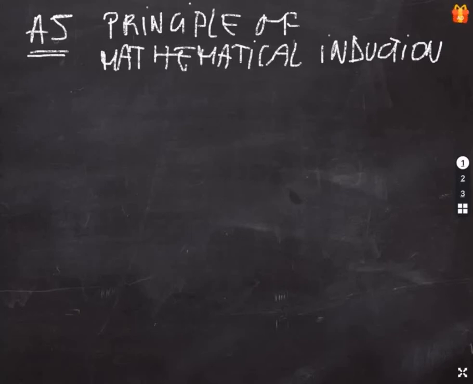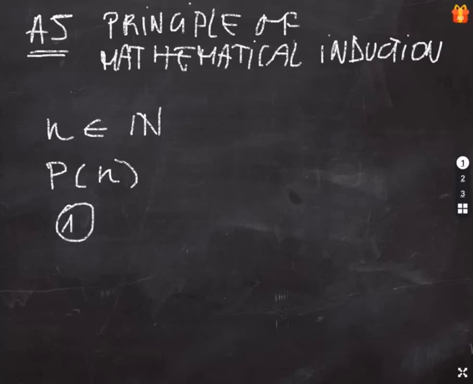So consider any natural number n. Consider any property pertaining to that natural number. A property P of n could be that n is even or odd or anything like that. Now, first, we're going to suppose that that property for the first element is true.